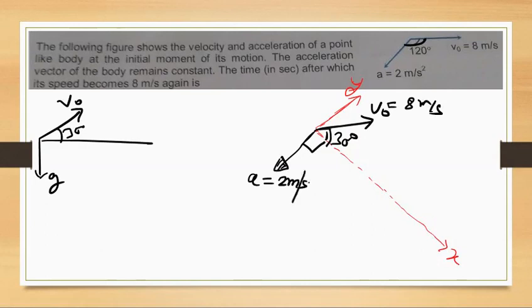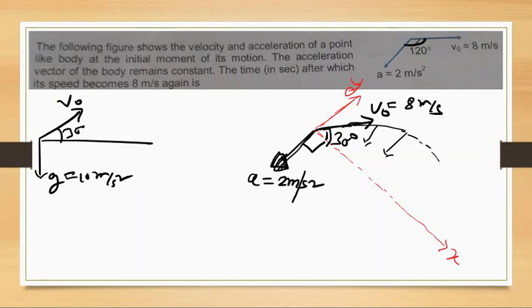In projectile motion, acceleration due to gravity is 10 meter per second squared, and here acceleration is 2 meter per second squared. So as the particle goes, its direction will be bent because of the acceleration, because acceleration is all the time constant, and it is along this direction only.